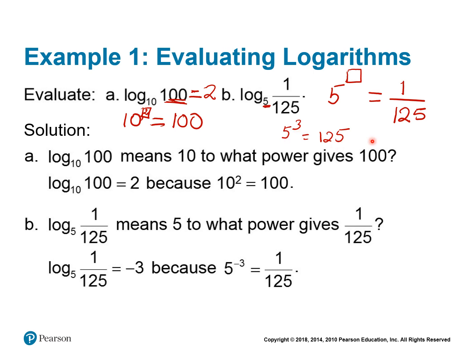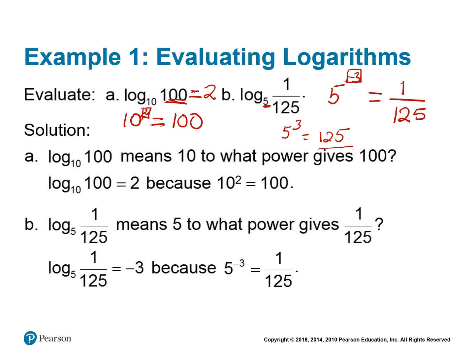All right, so if 5 cubed is 125, then 5 to the negative 3 is going to be 1 divided by 125. So if we put a minus 3 inside the box here, then it is going to be equal to 1 divided by 125. So here we not only found the exponent, but we also used the rule that negative exponents means reciprocal.